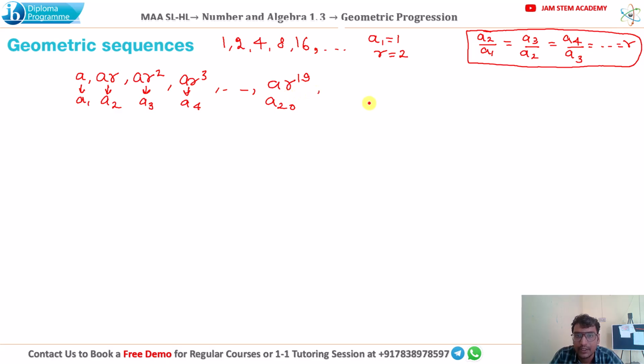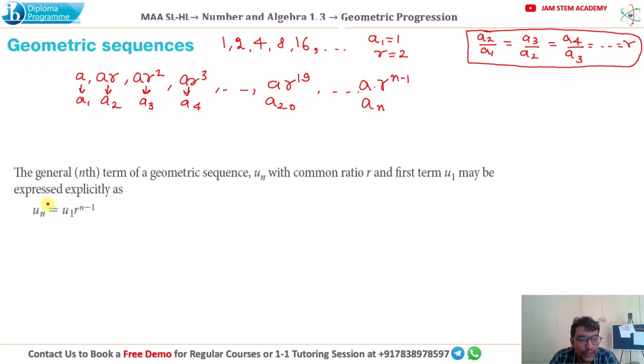One less, right? So in this way, we can say the general term, or any nth term, will be a times r raised to the power n minus 1. This is the formula, and from now onwards we can directly use it for finding the general term.